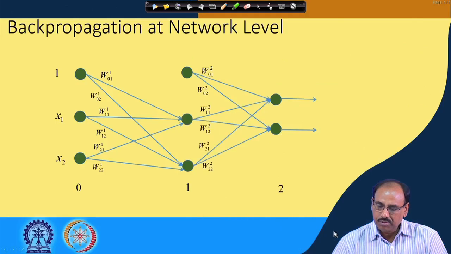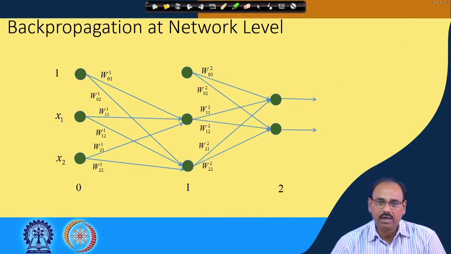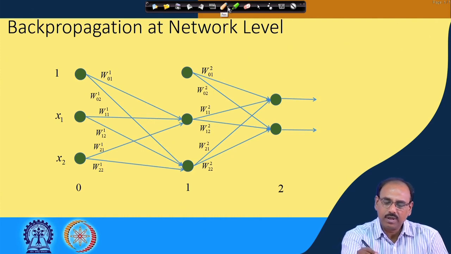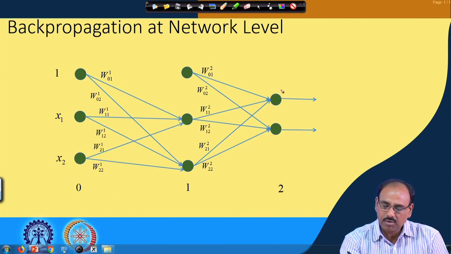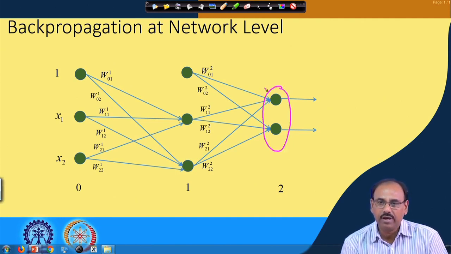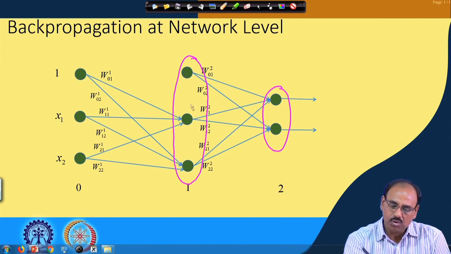Before we go into that, let us recapitulate what we did in the previous class. We took a simple two-layer neural network, as shown here. This network has an output layer with two nodes, and a hidden layer with node 1 and node 2.